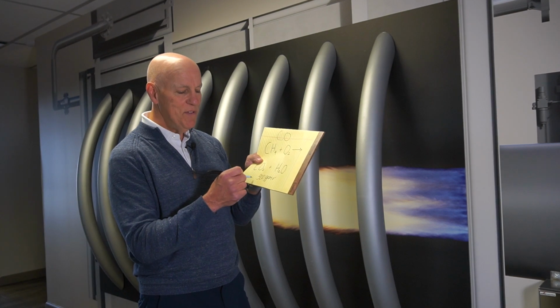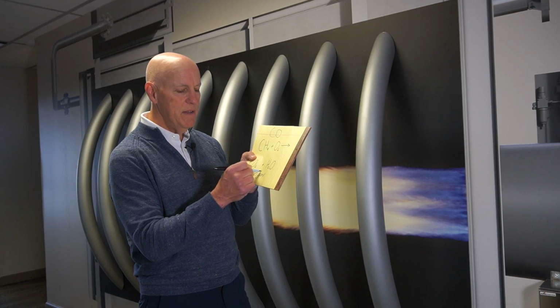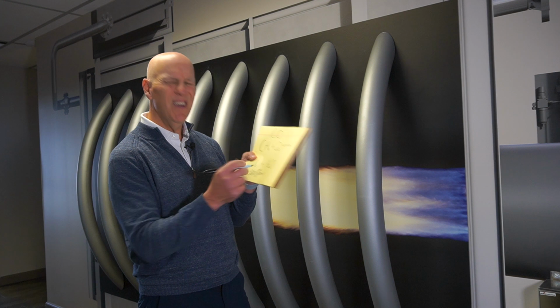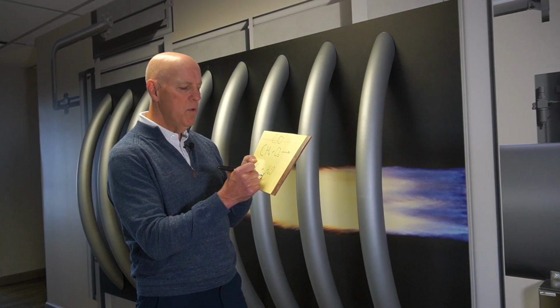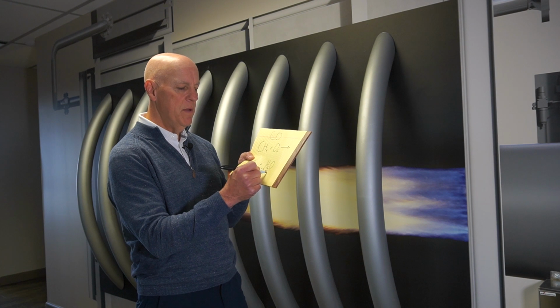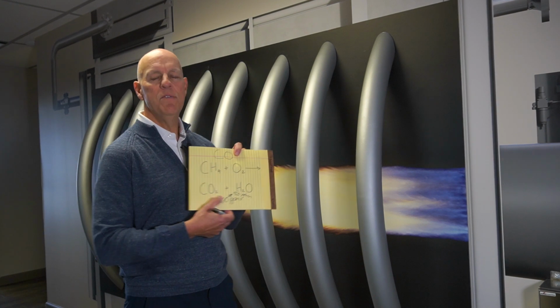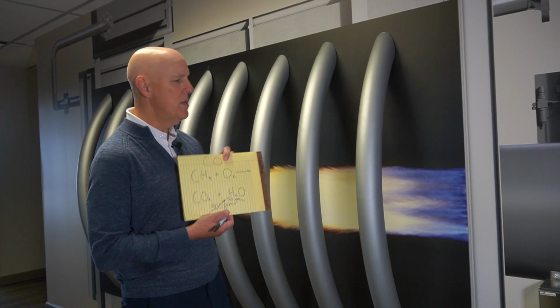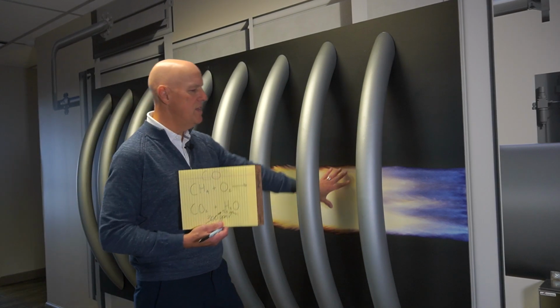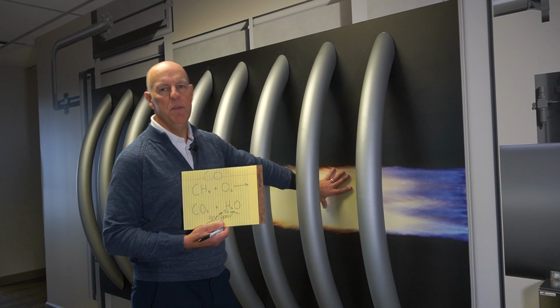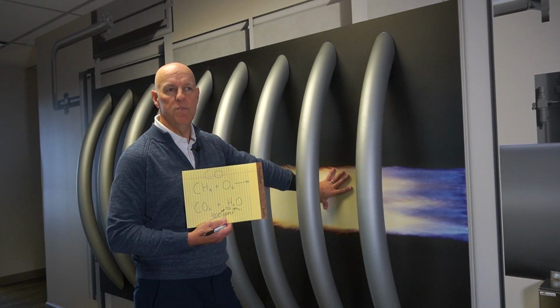However, what we've seen in recent times is that environmental agencies are saying, no, that's too high. We want to see something lower. We want 50 ppmv. So obviously that's a lot different than 300. But when everything is burning right, 50 ppmv is easily achievable.